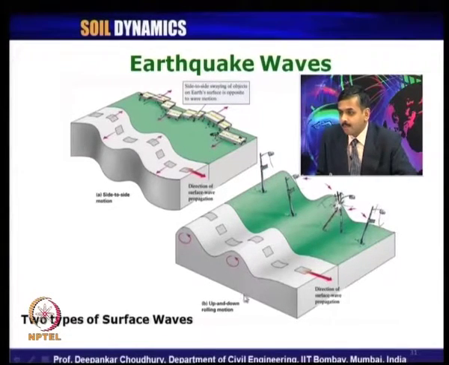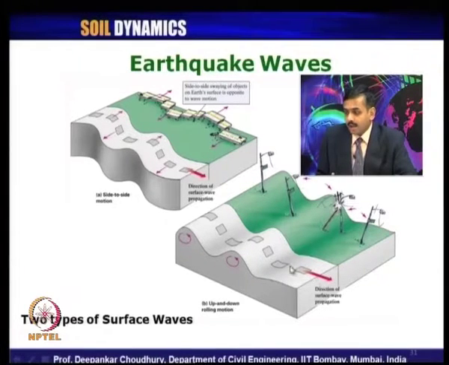And another type of earthquake wave can cause up and down rolling type of motion like this. The direction of surface wave propagation is in this direction, however, the nature is creating on the ground surface something like rolling type up and down motion. What does it mean?